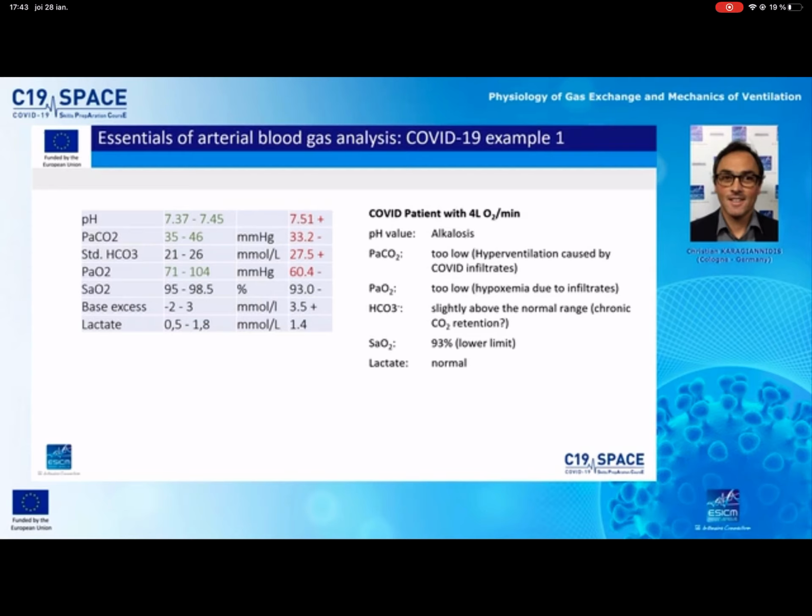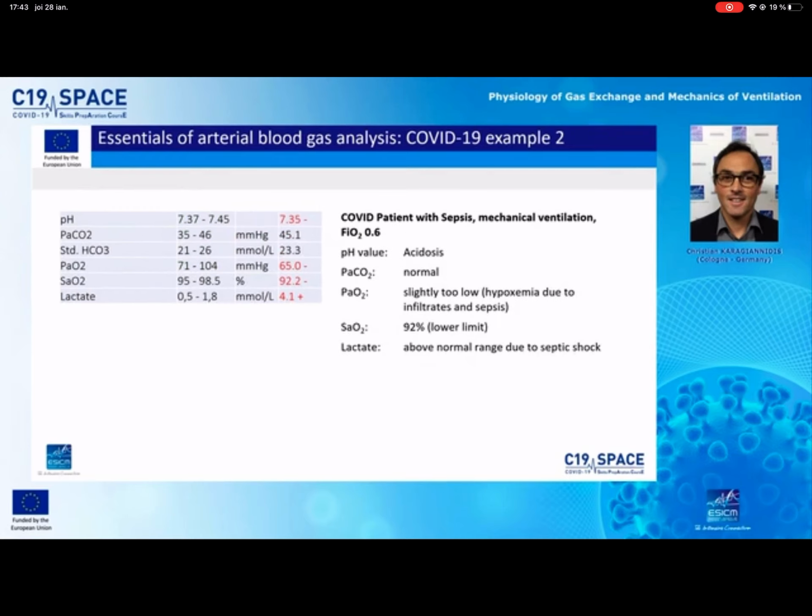This is something you see very often in COVID patients if they present to the emergency department: a certain hyperventilation, which leads to the alkalosis and low CO2 level. On the other hand, the PaO2, even with 4 liters of oxygen per minute, at 60, is a little bit too low, although the saturation is still 93%.